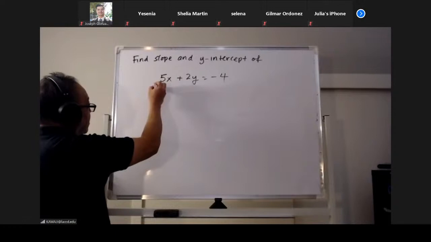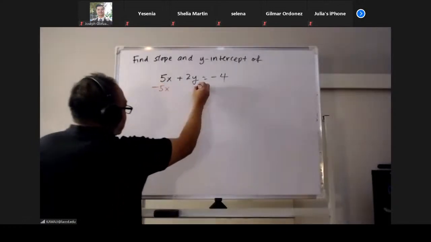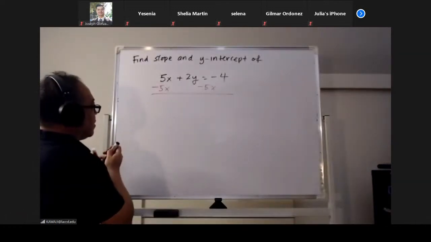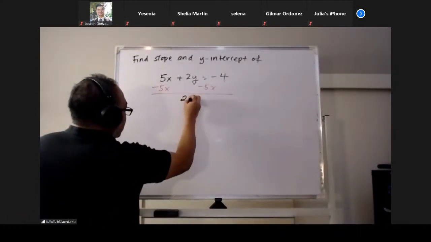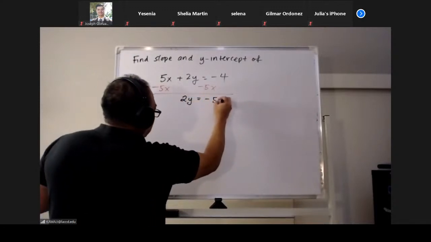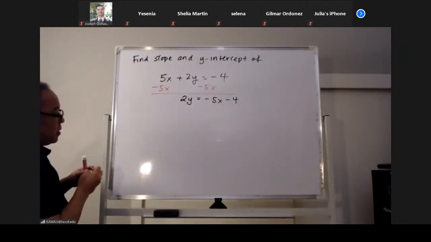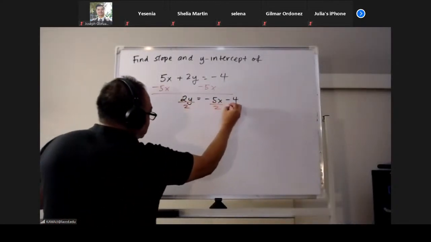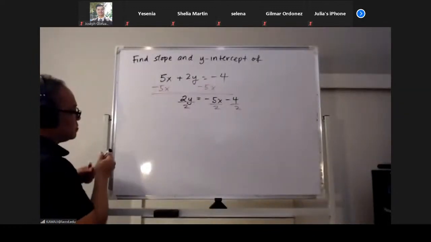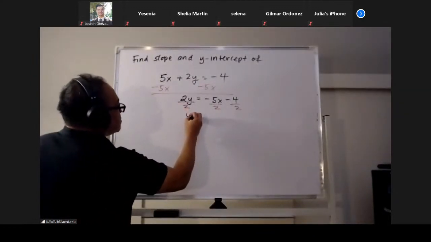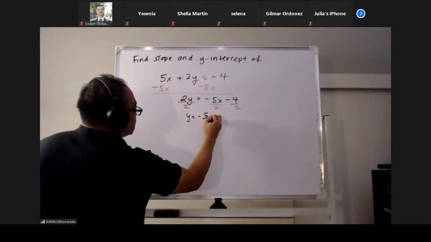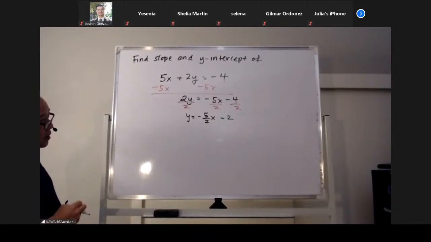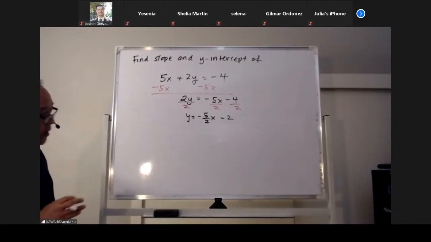So you'll get minus 5x and you'll get 2y and then you'll divide everything by 2. No, write down the slope and write down the y-intercept.